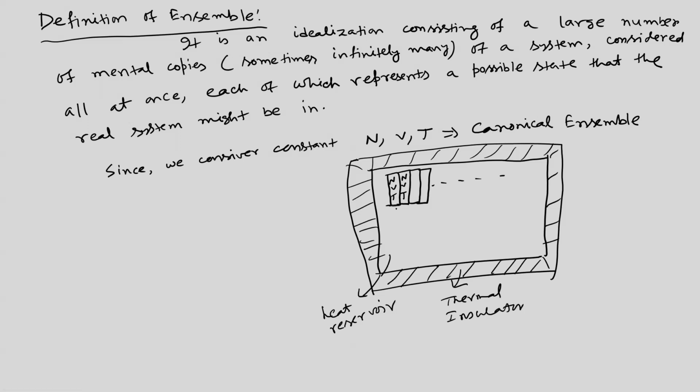So, these are all mental copies. Our goal is to find a state J having energy Ej, and for that, what is the probability. Okay, that is our goal.